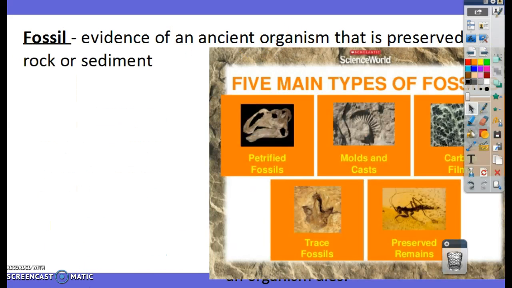All right, so the next thing that we're talking about, fossils, okay? So I'm hiding this definition at the bottom because you only need to write what's on the top. You might have talked about fossils in another class. A fossil is evidence of an ancient organism that is preserved in rock or sediment.